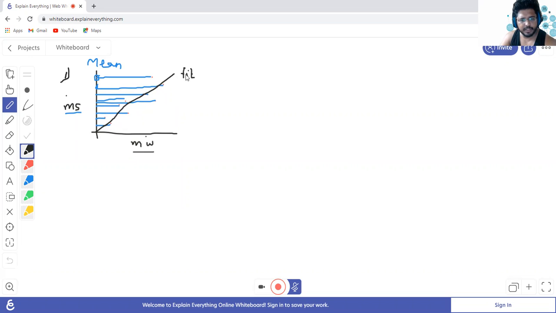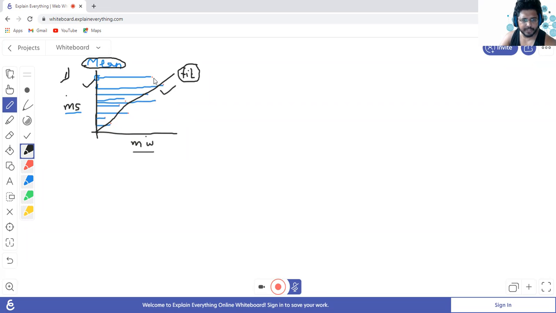If I have to give names to the lines, this is the fit line and this is the mean line. This is not actually the arithmetic mean of all the data points that you have, but as terminology, remember, we call this the mean line and we call this the fit line.